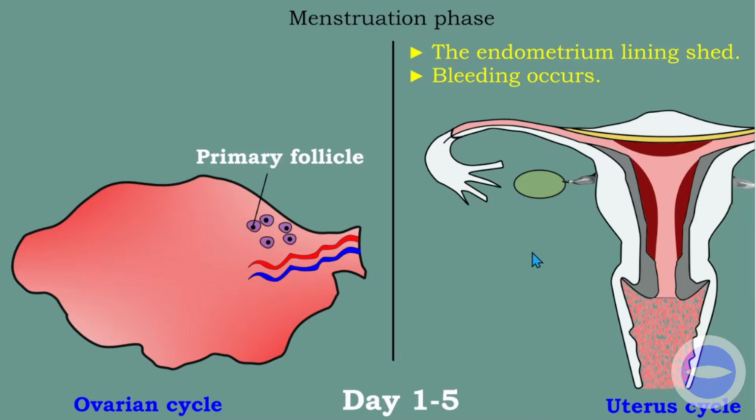From day 1 to day 5, this lining here, the red part, starts to shed. It will release some blood. I would like us to focus here on this lining.